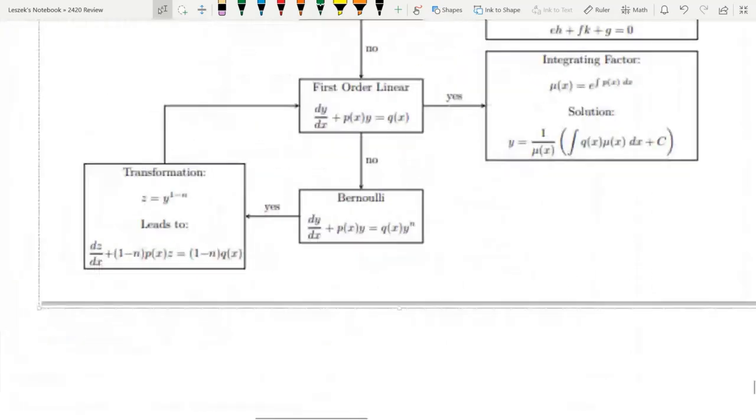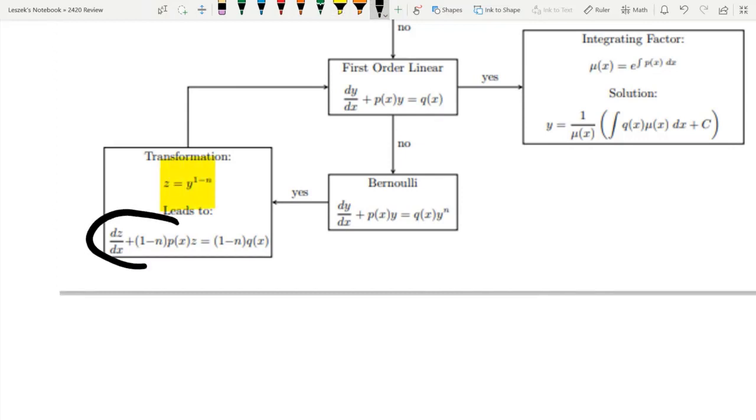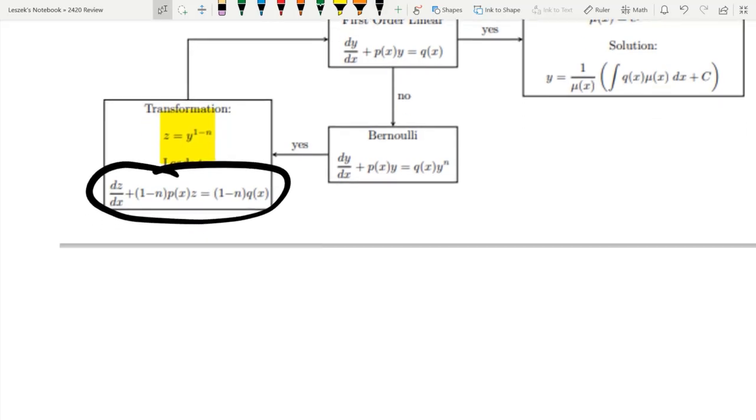So for Bernoulli, if we look at the flowchart here, this standard change of variable that we're doing leads to a very predictable first order differential equation, right? I'm not sure if I'm going to answer your question correctly, Jason.